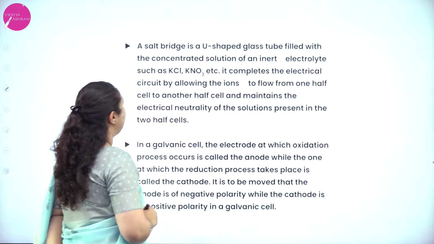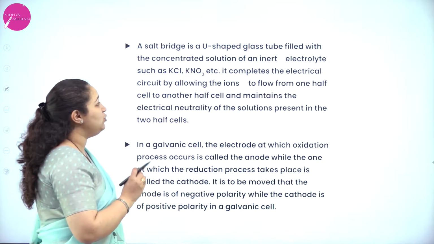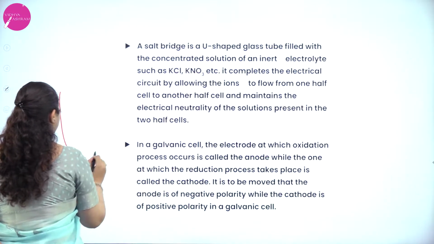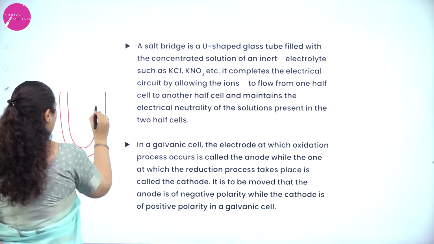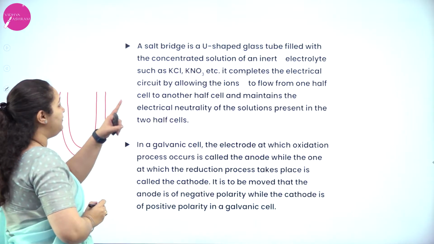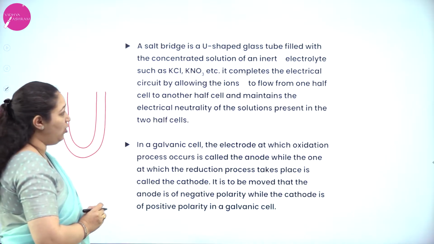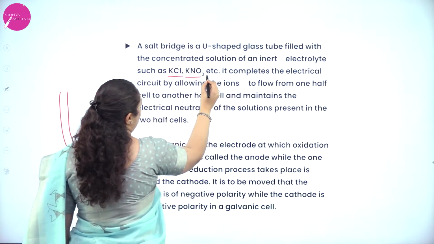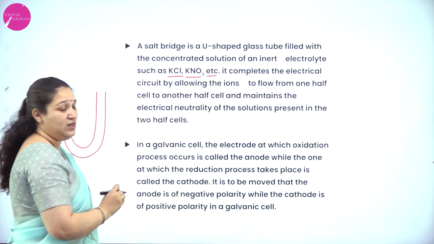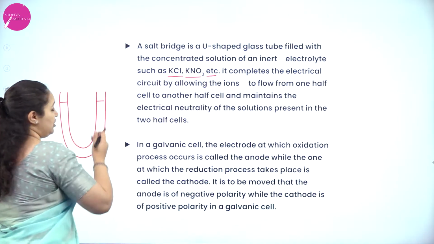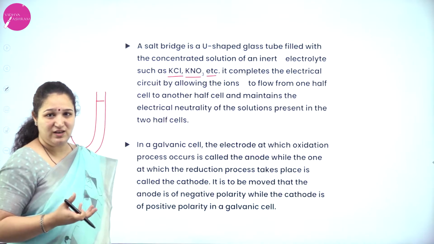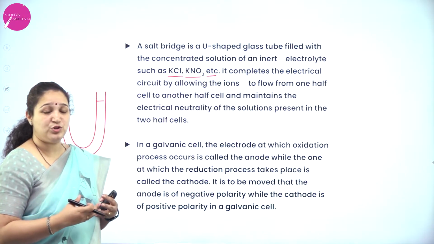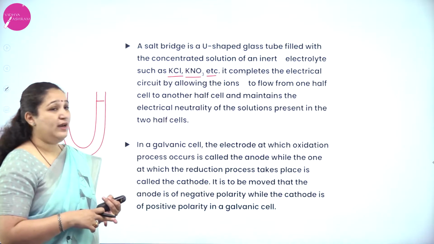We'll understand. A salt bridge is a U-shaped glass tube. Okay. It is U-shaped like this glass tube. It is filled with a concentrated solution of inert electrolytes such as KCl, KNO3, etc. Usually we take an agar-agar gel and make the gel with the solution of KCl or KNO3.